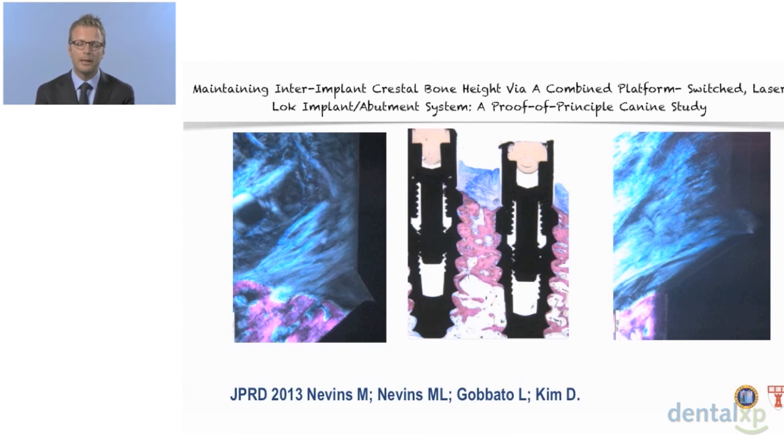So this is opening a new chapter in implant dentistry where basically we can hope to have a soft tissue adhesion or attachment to our abutments or to our dental implants.